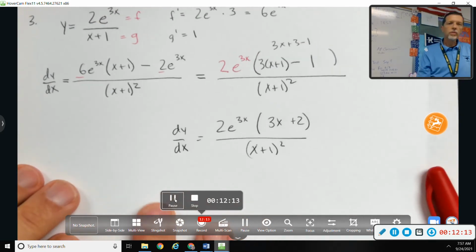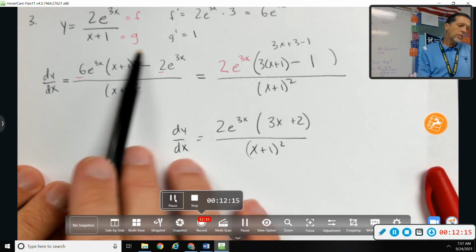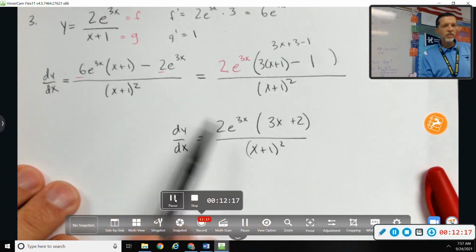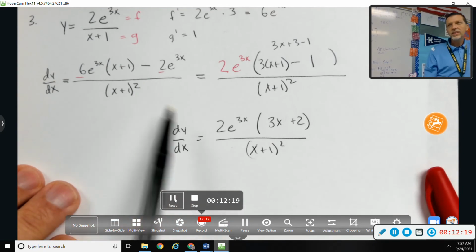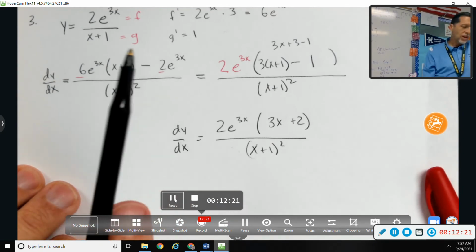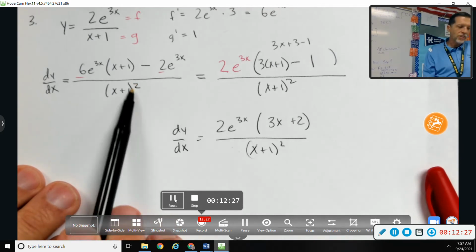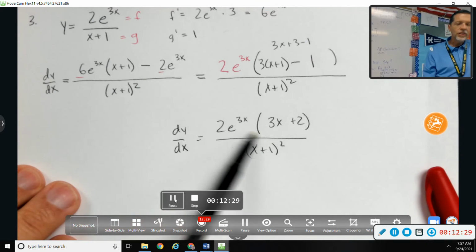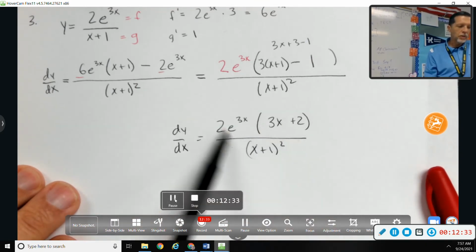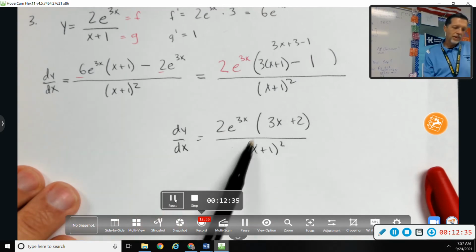Again, it's one of those where safe stop answer to multiple choice answer, maybe not so obvious. Sometimes as you're working tests, you get your first answer and then you start looking at the multiple choice and trying to see which one matches up. I don't know that those are obvious equivalents. There's a little bit of intermediate work that's got to be done to get from here to there.